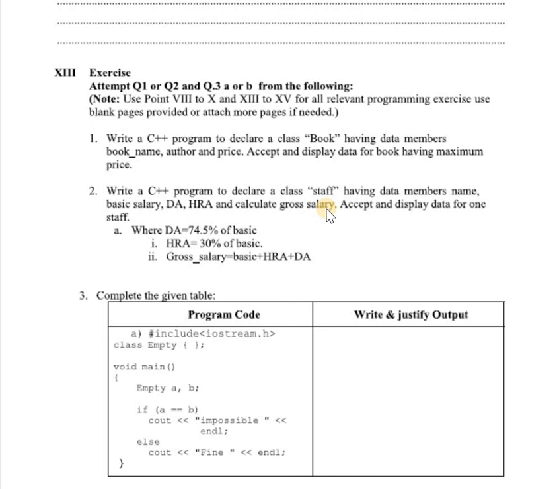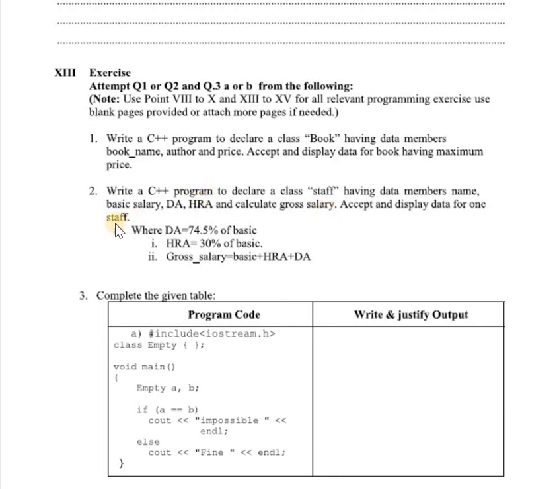By using an object, you call the member functions that are defined in a class. While executing this program, first you enter the staff name, then basic salary, then you will get the staff name, and it will display the DA, HRA, and gross salary of that particular staff.